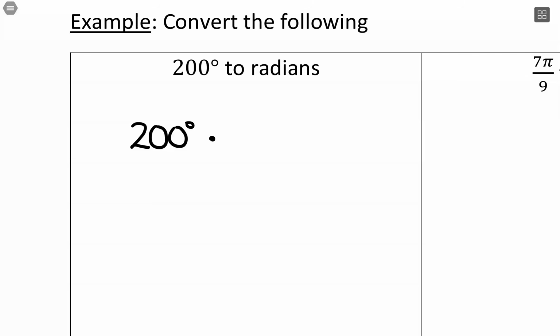The tricky part is just getting the order right of what goes in the numerator versus denominator. And how I approach it is thinking of dividing away the units that I'm starting with. So I'm starting with degrees. So I want to divide away those same units. And what I want to be left with, which goes in the numerator, are the units I want, which is going to be pi.